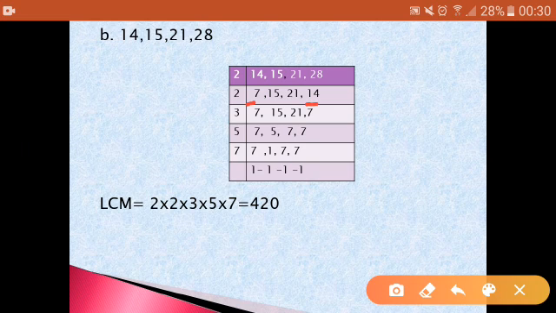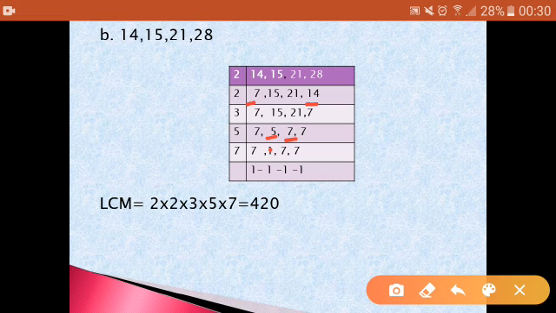Look, 15 and 21 are not divisible by 2, so that means we are not going to divide them. Next, all are odd numbers. So 15 and 21, we know they go in the 3 times table. So 3 times 5 is 15 and 3 times 7 is 21. Next, 5 times 1 is 5, and then 7 remains as it is. 7 times 1 is 7, 7 times 1 is 7.